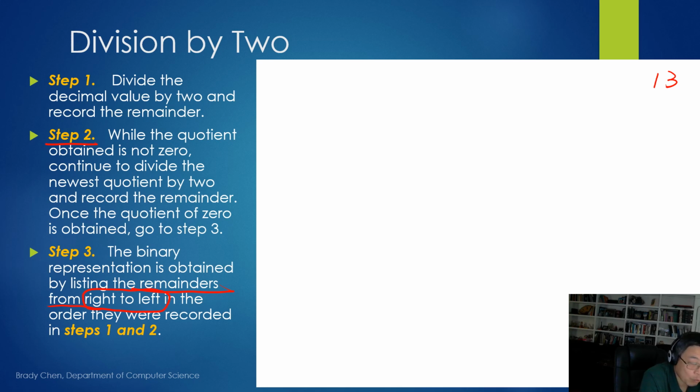Now let's do this. Step number 1, we're going to divide 13 by 2, and then we're going to continue to divide the quotient by 2 and repeat this process. So what we're going to do is start from the bottom. You will find out why we want to do this. So step number 1, we divide the decimal value, which is 13, by 2.